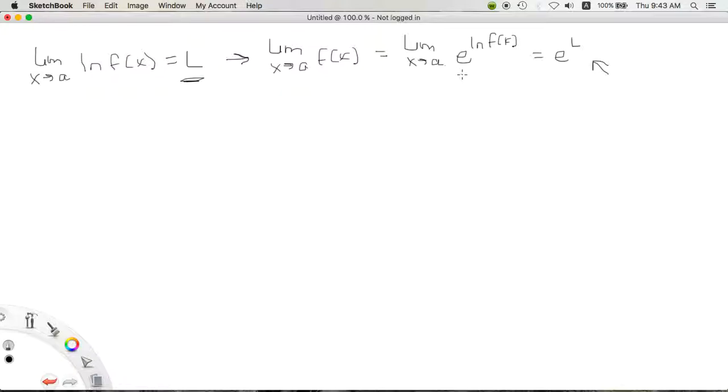Hopefully you recognize that this and this are the same thing, because e to the natural log of something is just whatever that something is. But this helps us find this limit here.